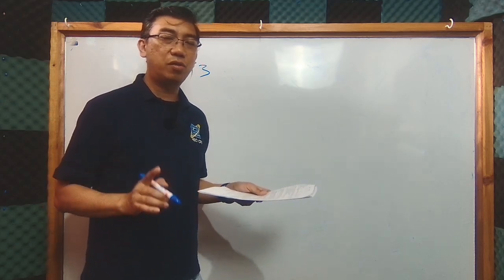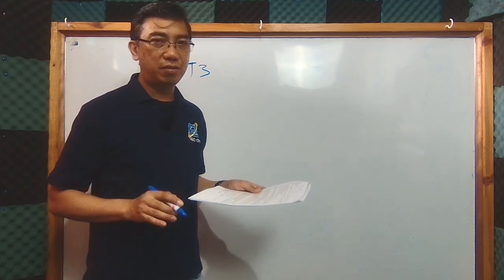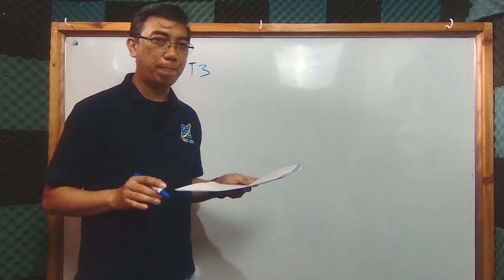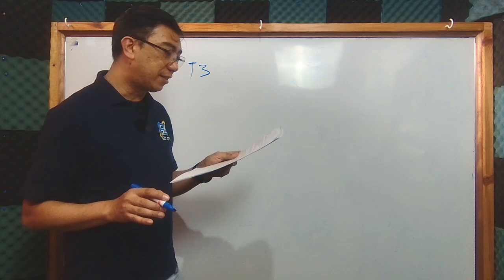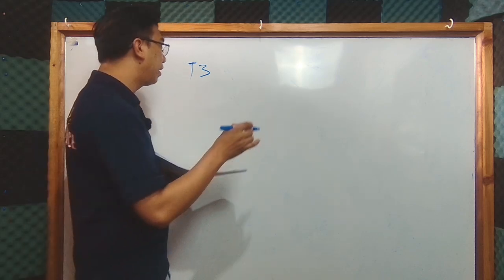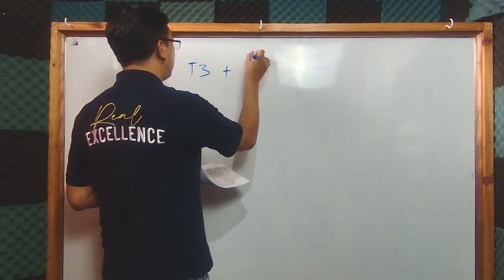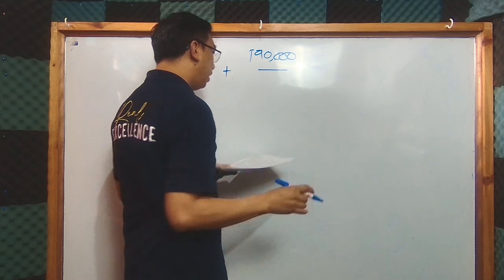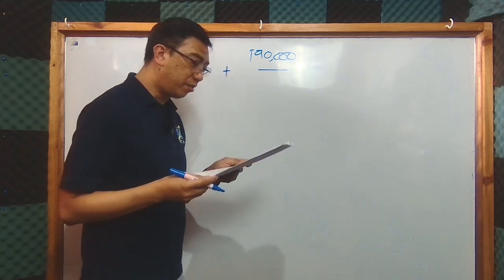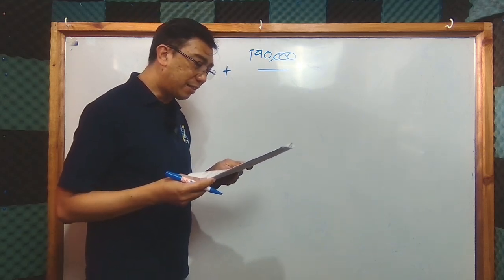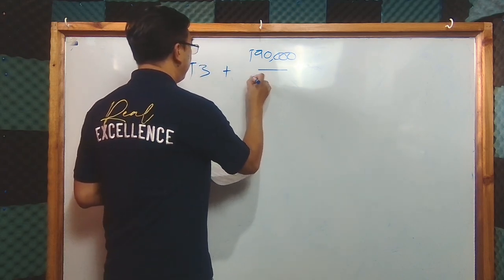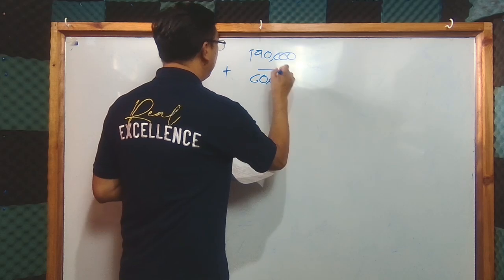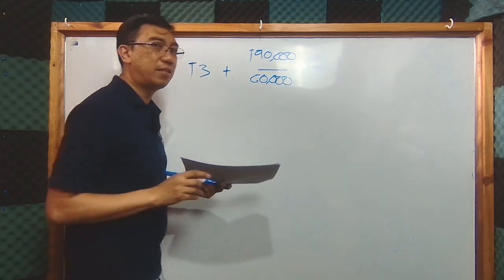And we also need to recover the further processing cost if it is processed further. And magkano siya? Class, ang total ng further processing cost natin is 90,000. And the number of units needed by Flank is how many units? Ang kailangan niya daw ay 60,000 units. O class, simplify mo yan. That is 90 divided by 60 is 1.5.